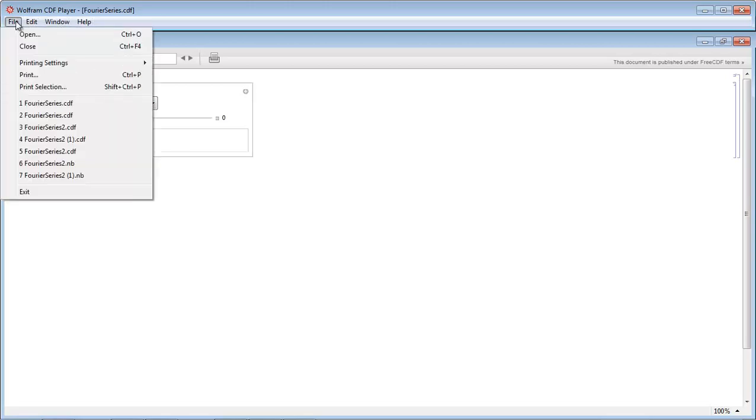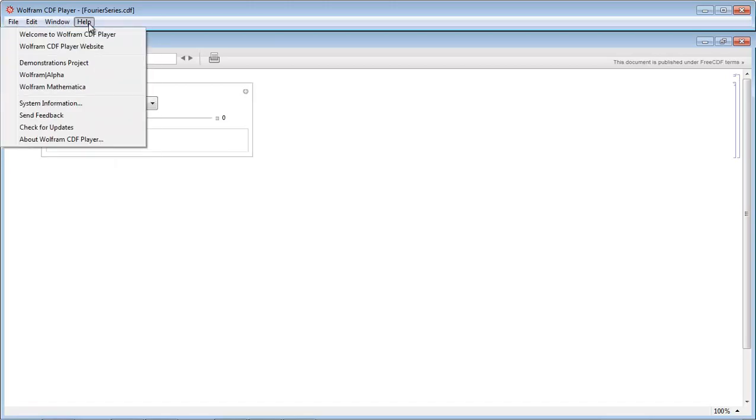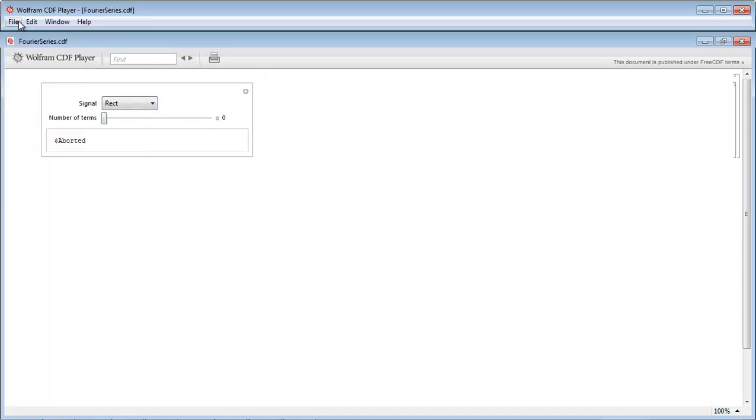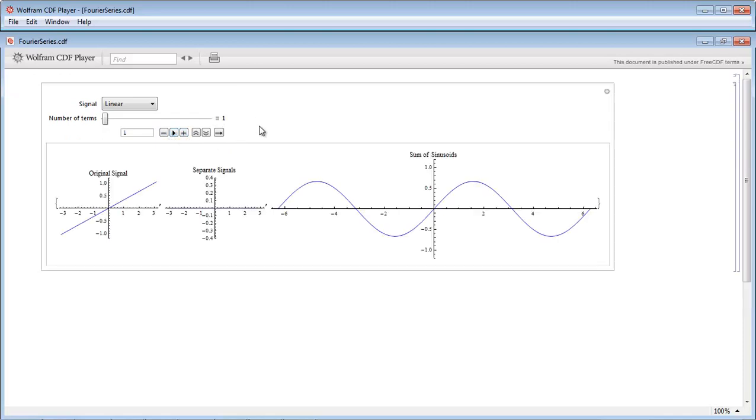Does anyone use Mathematica here? No Mathematica experts? Let's see if I can. Maybe if I pick a different one. Oh, there we go. All right, it's working.